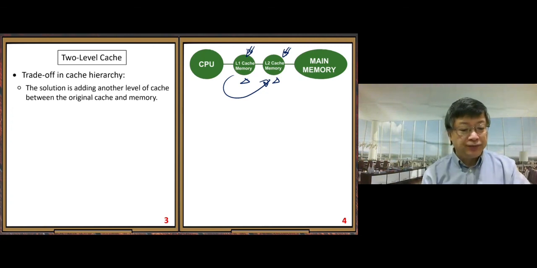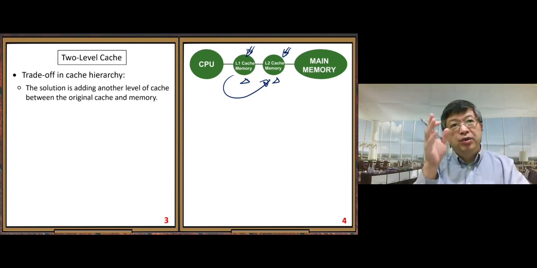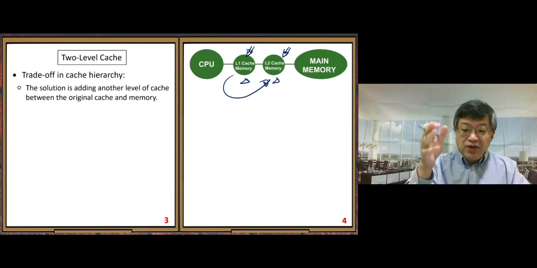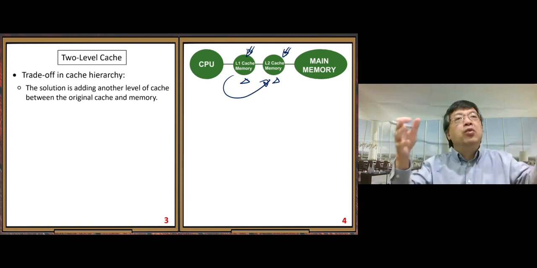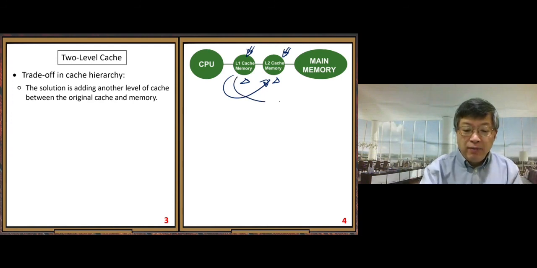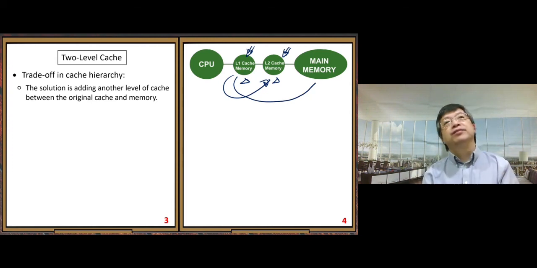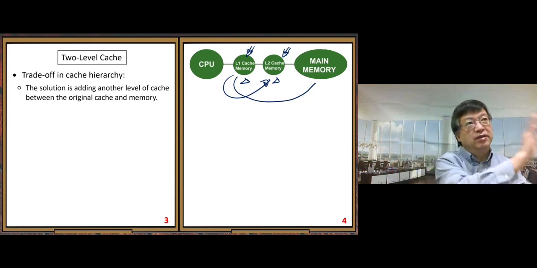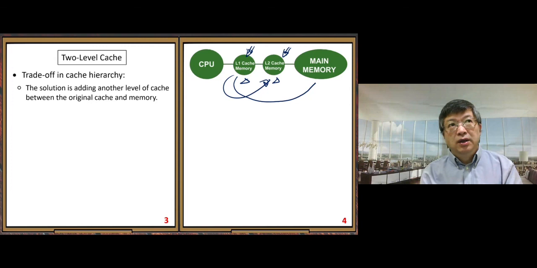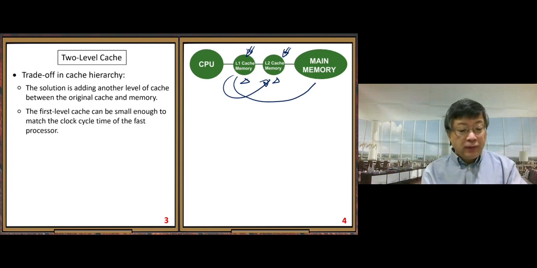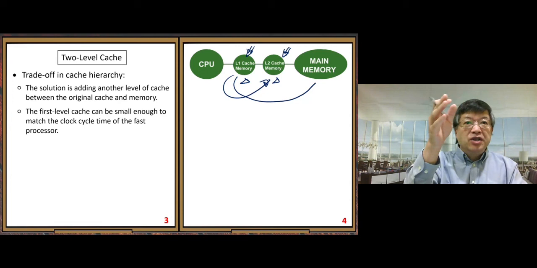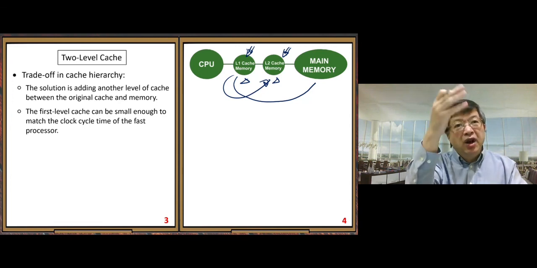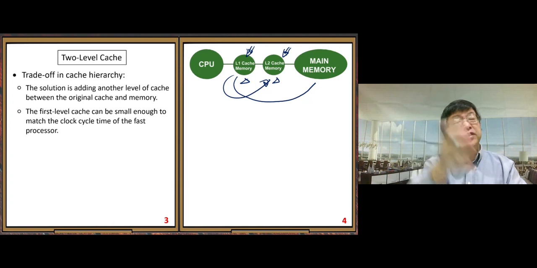All right. So the solution is adding another level of cache between the original cache and the memory. In this way, you can see the gap will be reduced, the gap between main memory and L1 cache. The gap is not multiple thousand to something. Then the first level cache can be small enough to match the clock cycle time of the fast processor.